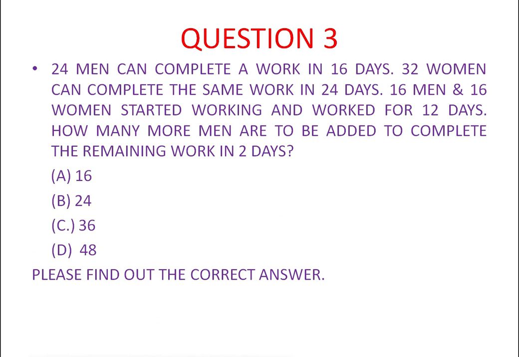So the number of days are given. First we will find out efficiency as we have done in the previous questions. So now let's go to the solution. 16 days taken by the 24 men and 24 days taken by 32 women.